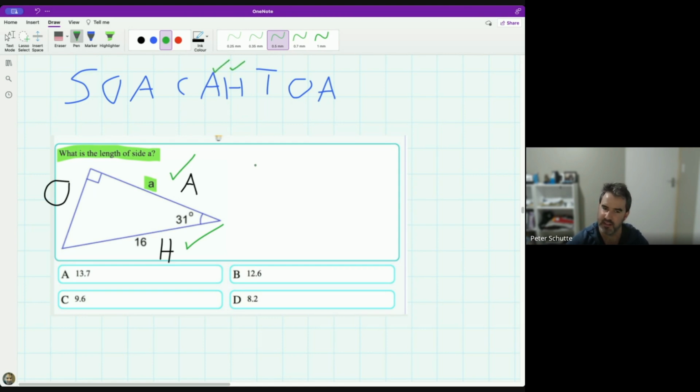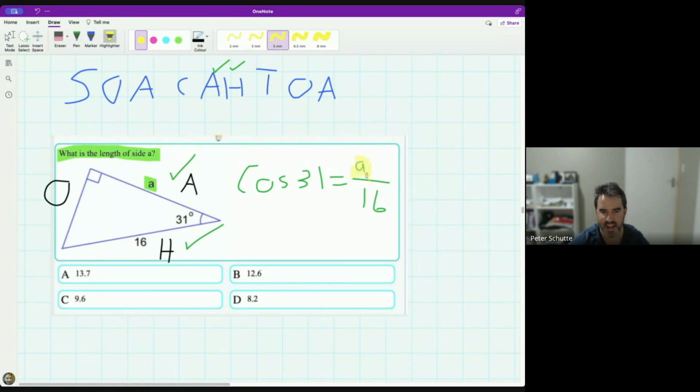Now we have to write this down. So we write the cos, and this is where we use what's called the reference angle. We go the cos of 31, and that's going to be equal to A, which is just this little a over here, over H, which is the thing that we know. Now we have formed a trig equation where the ratio of sides is equal to this.